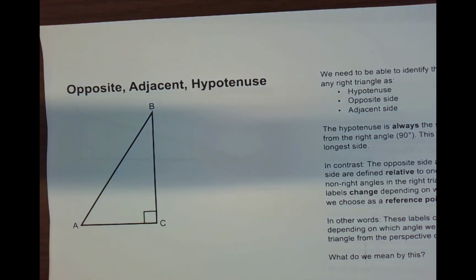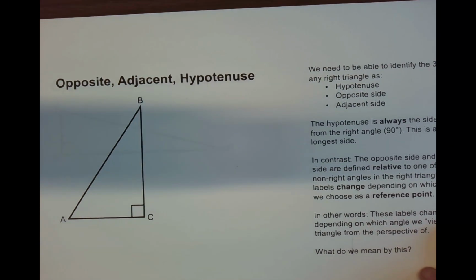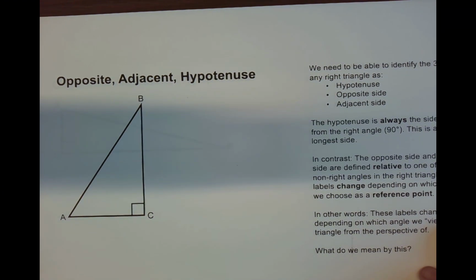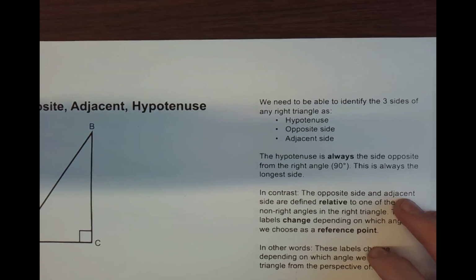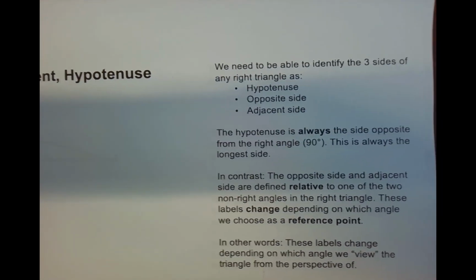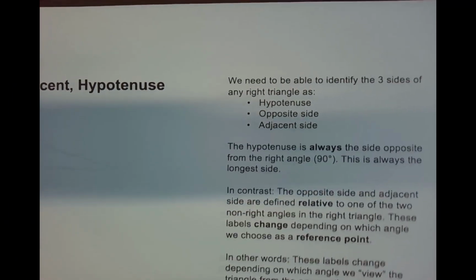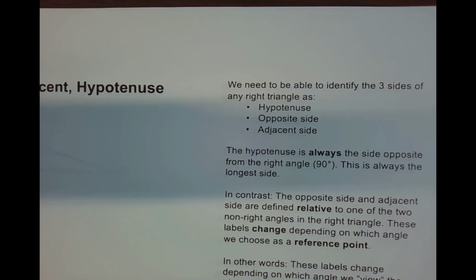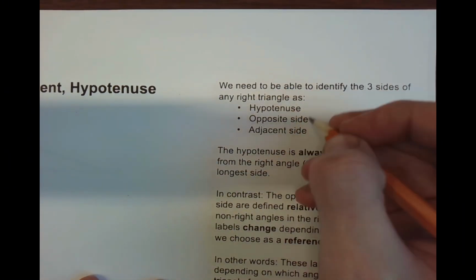Where we get into legitimate trigonometry is where we start to talk about the three sides of any right triangle, and we give them the names hypotenuse, opposite side, and adjacent side.